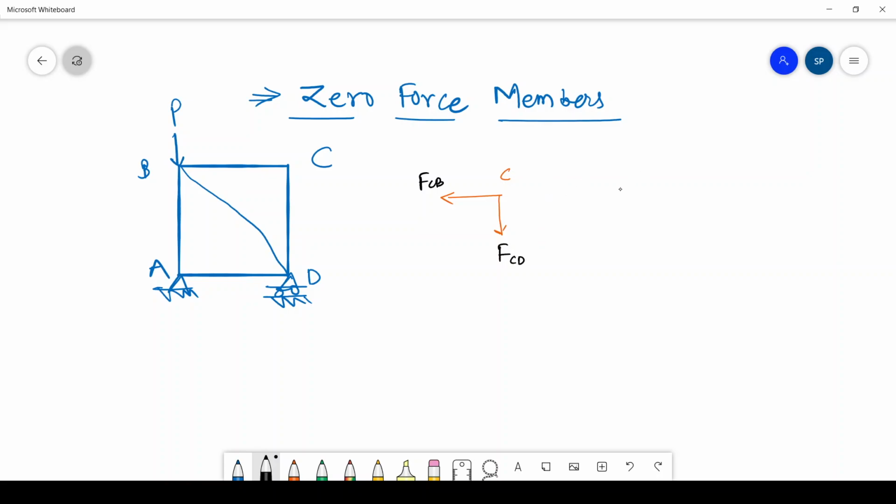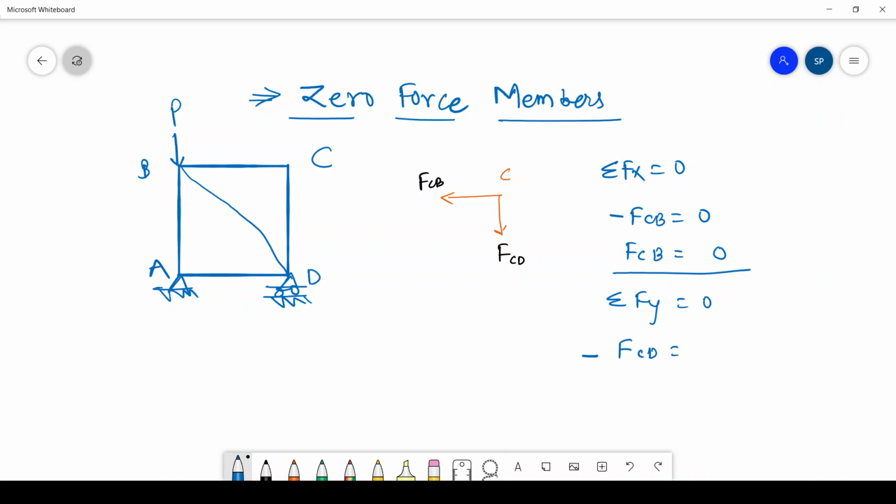If I apply summation Fx equal to 0 here, what will I get? Minus FCB equal to 0, which means member force CB is 0. Similarly, if I apply summation Fy equal to 0 to this joint, I get minus FCD equal to 0, which again means member force CD equals 0.